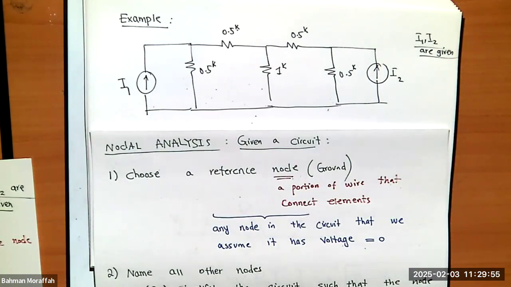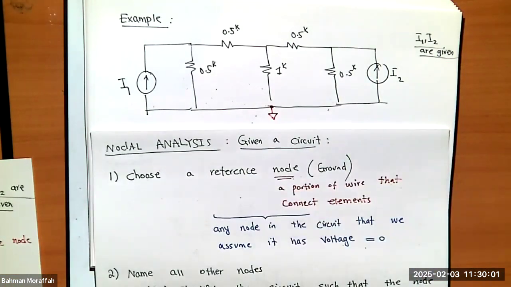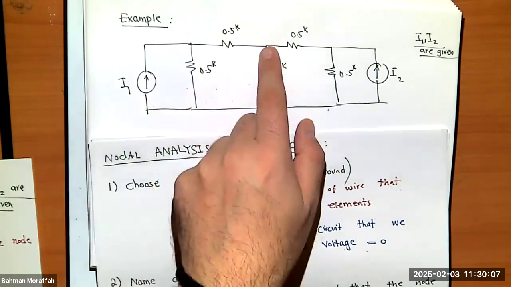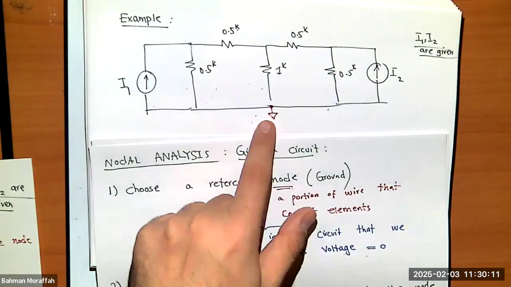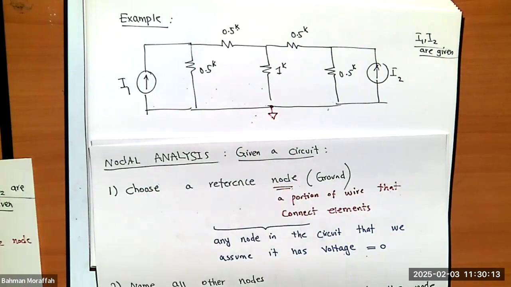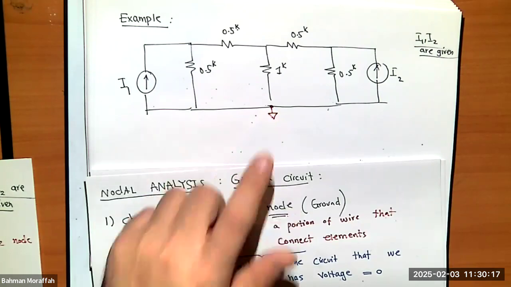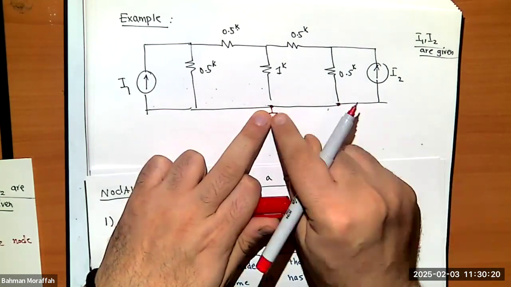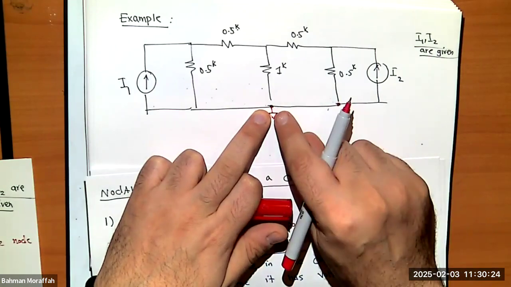So if I choose the one on the bottom, basically if I choose this guy, I have a lot of connections to it. Again, I could have chosen this one. I could have chosen this one. It's completely up to me. So I choose this one. Let's take a look at it. If I choose this one as my reference node, do you think this is different than this? Do you think this is a new node?